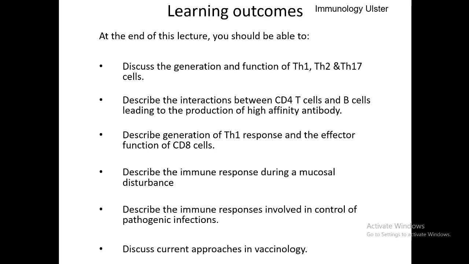I would also hope that you'll be able to describe the generation of a Th1 response and the effector function of the associated CD8 T cells. I would hope you'll be able to describe the immune response associated with mucosal disturbances. And then also I would hope that you'll be able to describe the immune responses involved in the control of all pathogenic infections. And lastly, for this presentation, I hope you'd have some understanding of the approaches to vaccinology.